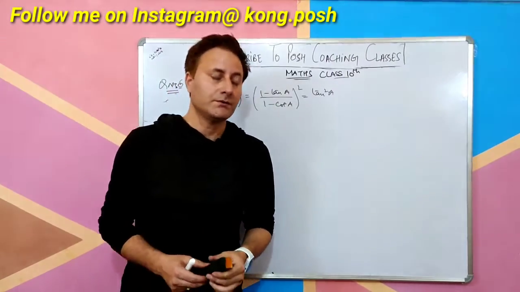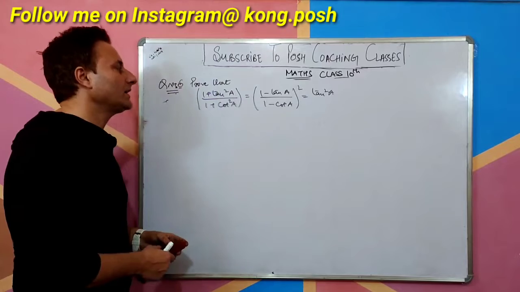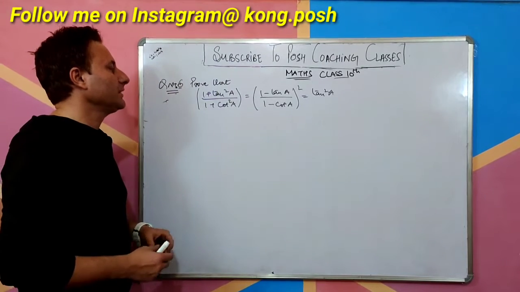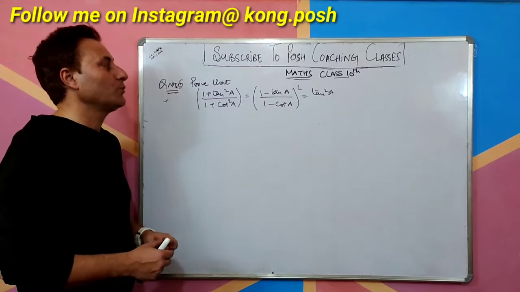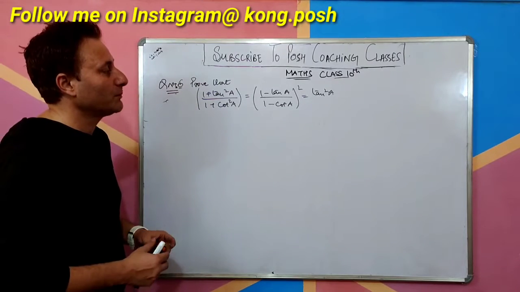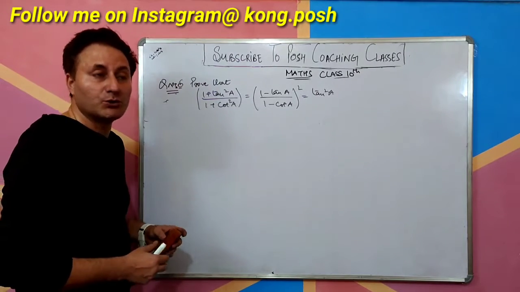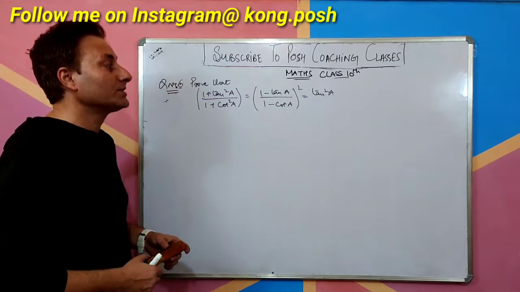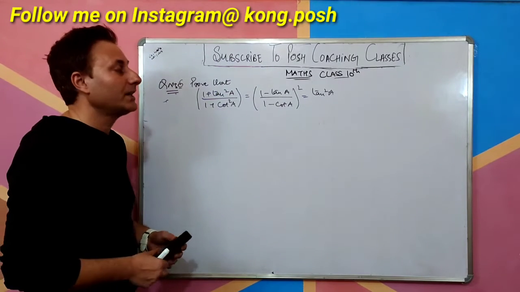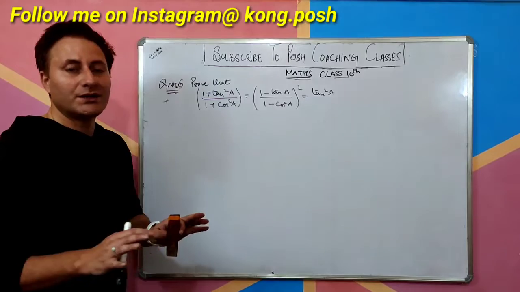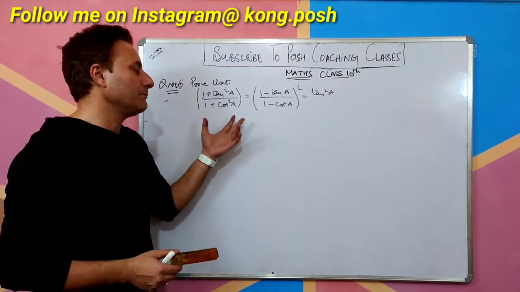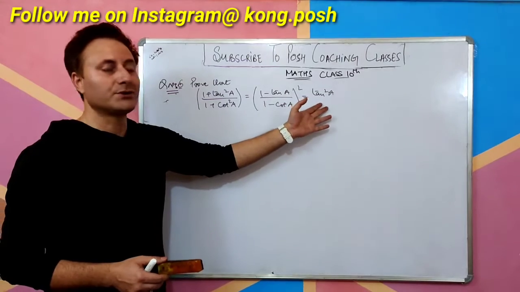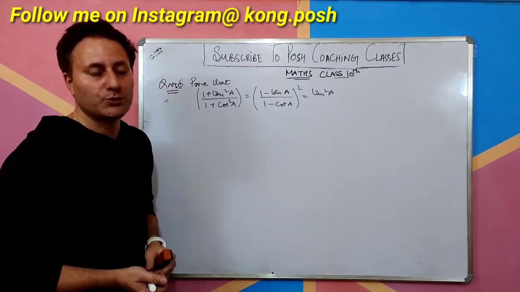So next one, it says prove that 1 plus tan square A whole divided by 1 plus cot square A is equal to 1 minus tan A whole divided by 1 minus cot A whole square, and then is again equal to tan square A. So don't get confused here. We can take two things, and if both the things are equal to the third one, it means we have proved the question.